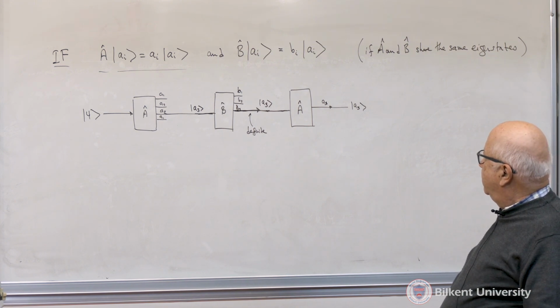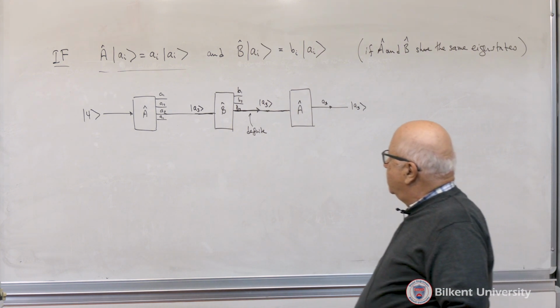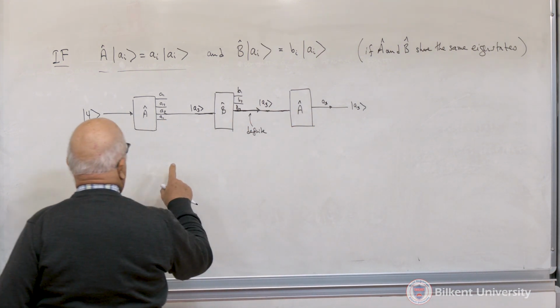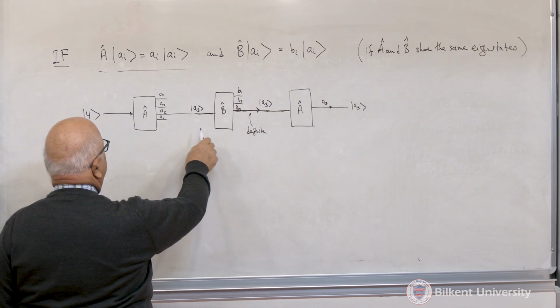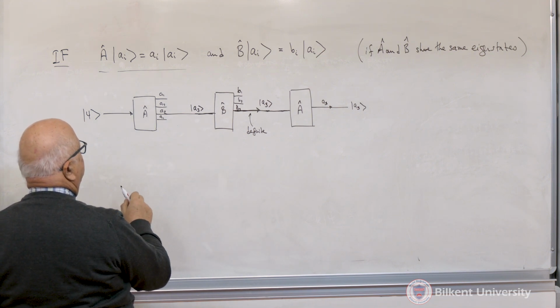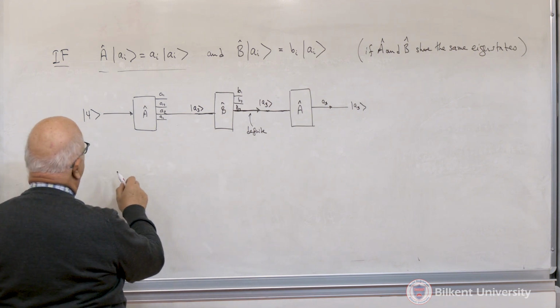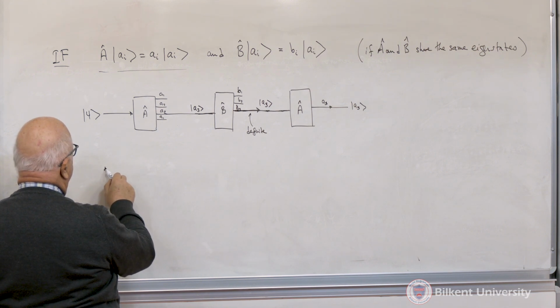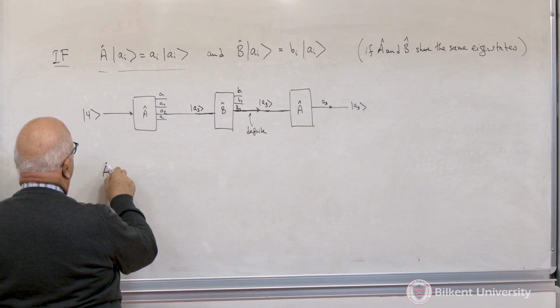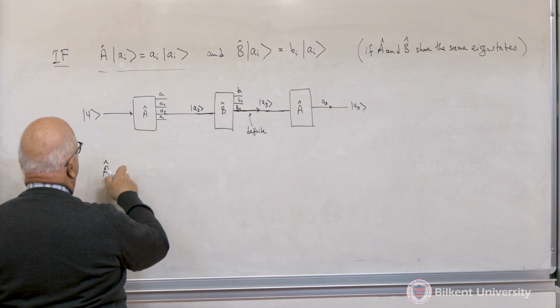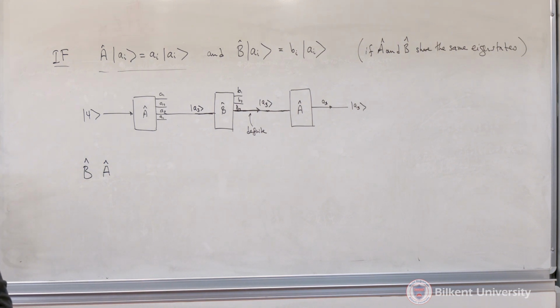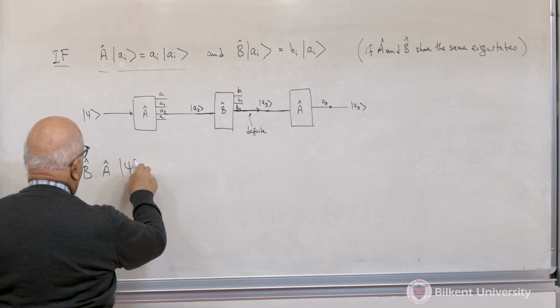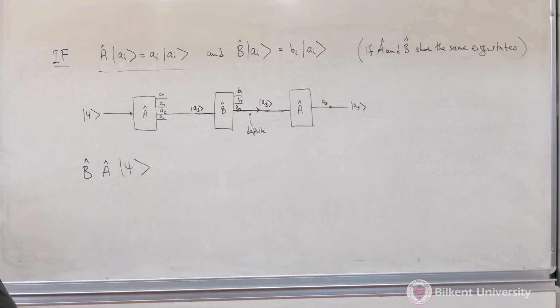Okay, let's go on. Now, let's just see what is happening with these operators. If I have an operator A operating on this object, and then the operator B operating on the same object, which is going to be my state psi.